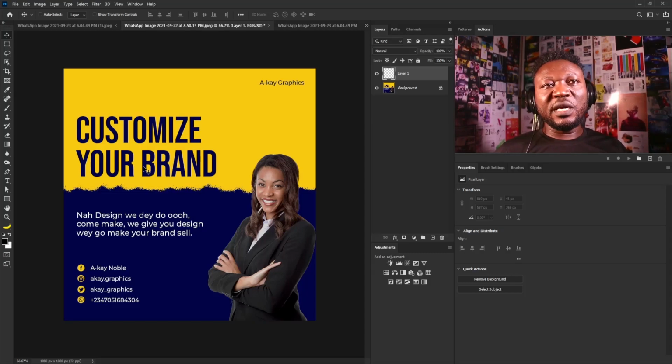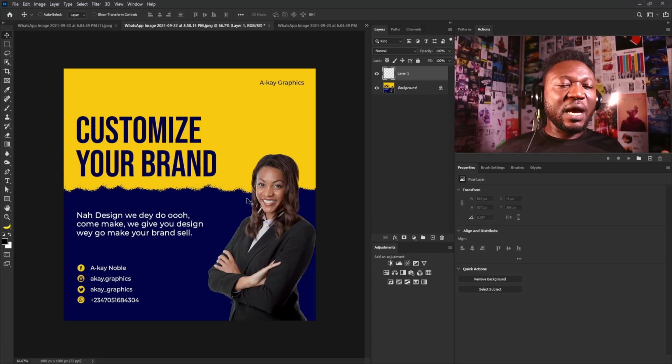Design is another way we show how corporate, how professional we are to our target audience. But when we don't arrange elements correctly, when we don't put the information the right way on our design, it will start making them look at us the other way, the way we don't want them to look at us.